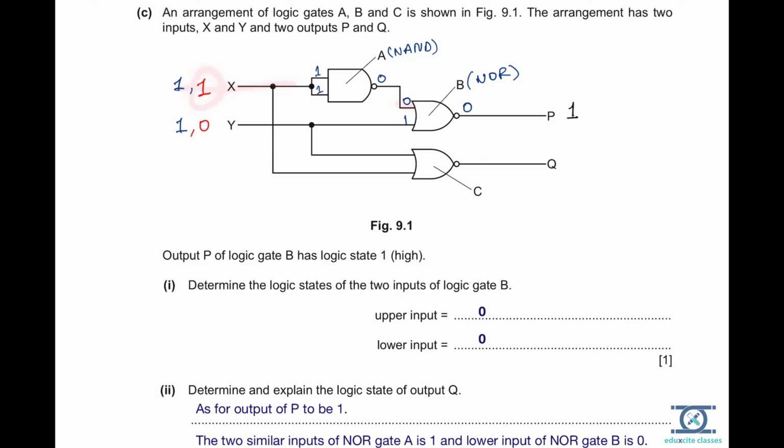I will get the same 0 here. So in case of 0 here, I get 0. 0 and 0 in the OR gate give me 0, but the NOR gate gives me 1. So I am getting the desired output. That will only happen when the upper and the lower input of the B logic gate are 0 and 0. So I have written the upper input and lower input as 0. You can try others as well.